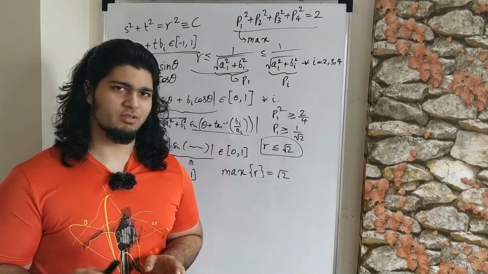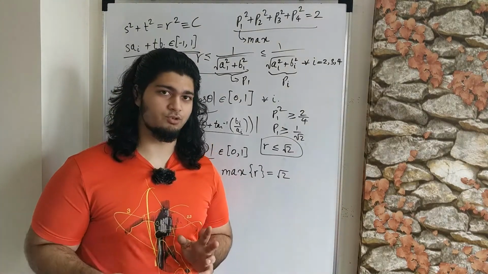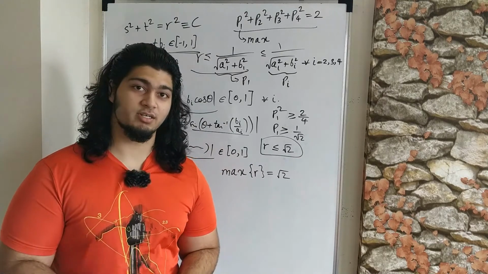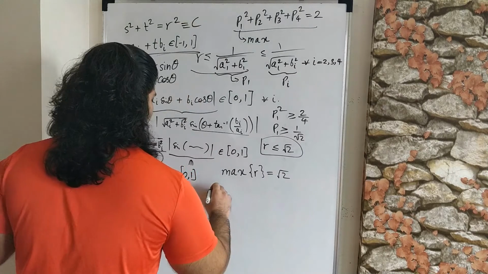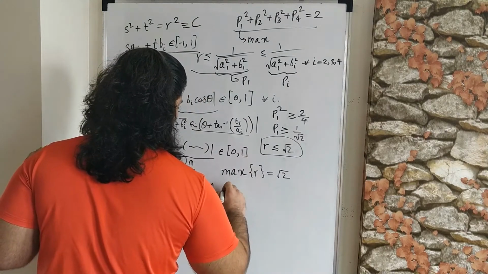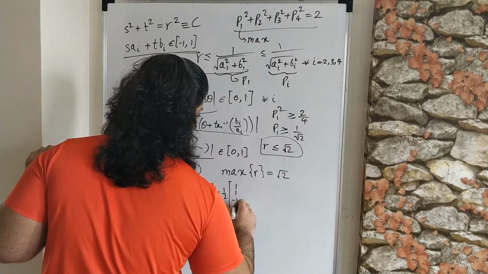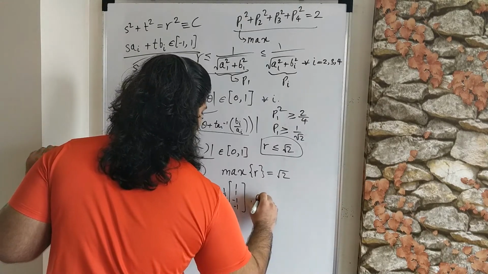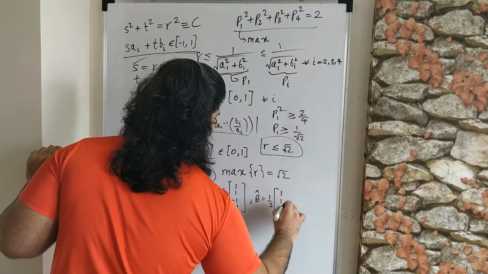So now what we have shown is that the circle can have a maximum possible radius of root 2, but we haven't shown that such a circle can actually be drawn in the hypercube. So what we'll do is we'll let a hat equal half of (1, 1, -1, 1, -1), and b hat half of (1, 1, 1, 1).